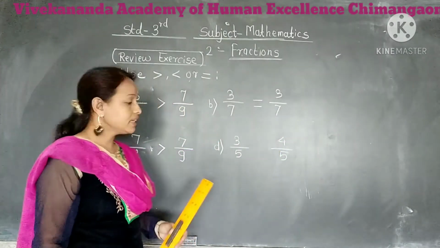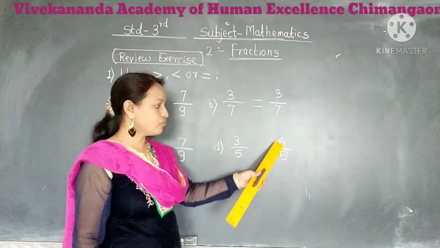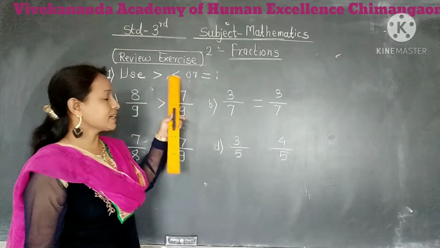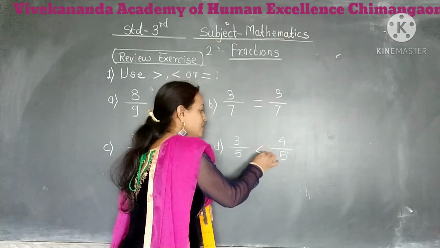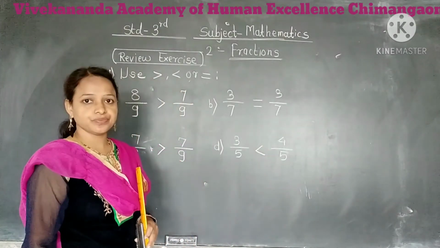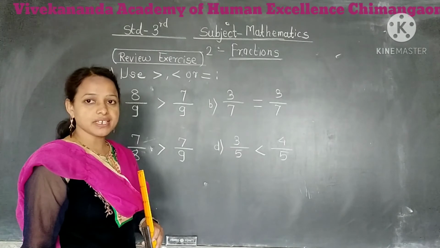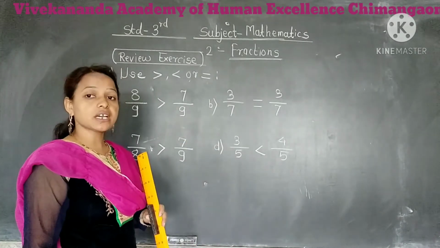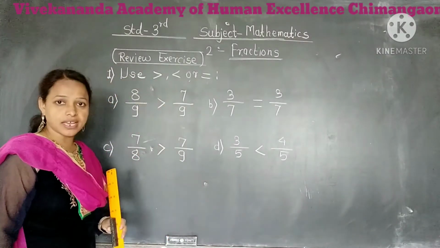So 3 upon 5 is smaller than 4 upon 5. Which sign do we use? Correct, this sign. 3 upon 5 is less than 4 upon 5. So students, we have learned the rule of comparison of fractions, and with the help of it we compare the given fractions by using these signs.